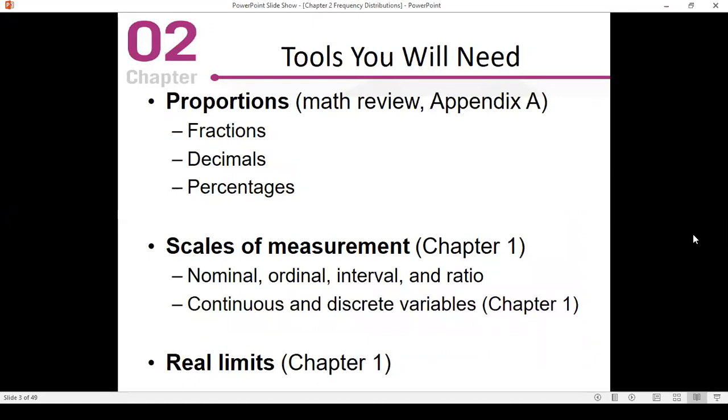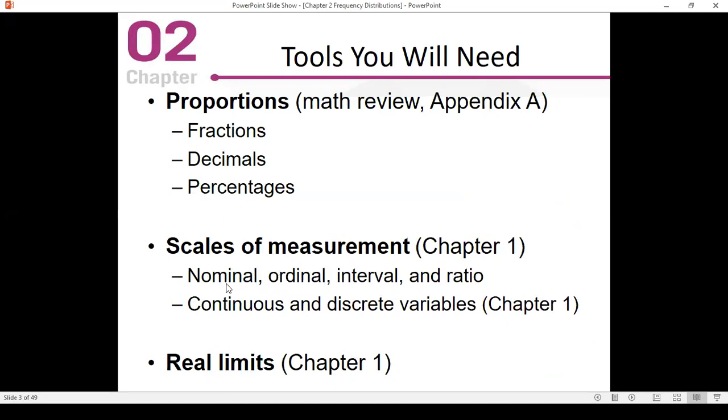Okay, so in this chapter, you're going to need to be familiar with proportions, things like fractions, decimals, and percentages. These are all pretty much getting at the same deep meaning. You should be able to take a decimal and convert it into a percentage and things like that. You'll need to be familiar with scales of measurement.